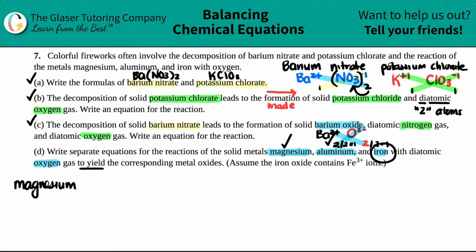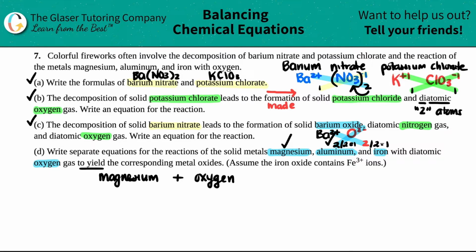And we have to do iron reacting with oxygen. So I think I can actually do this all in one shot. Okay, so here, we're going to first react magnesium with oxygen.